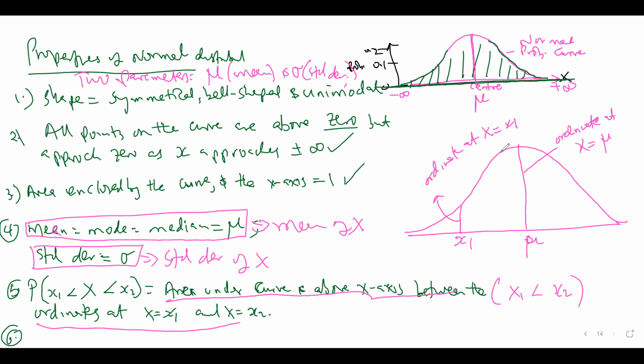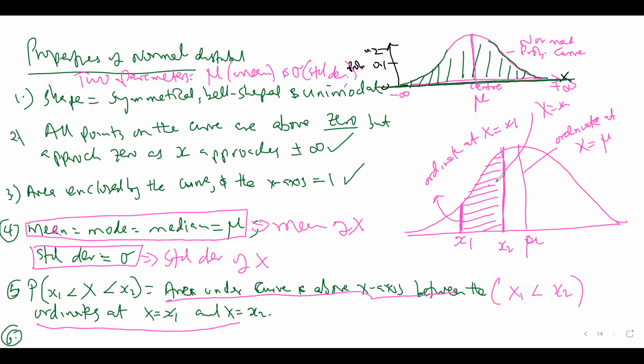Then you can have another point here, let's say x2. This is the ordinate at x is equal to 2. So if you want the probability that x lies between x1 and x2, we are looking at that area. The area below the curve, above the x-axis, enclosed by the ordinate at x is equal to 1 and the ordinate at x is equal to 2.